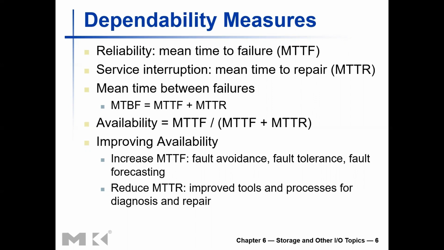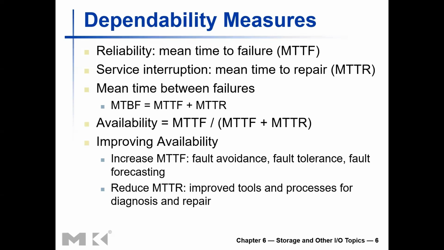Tolerance means you have to find a mechanism to withstand the fault. And avoidance, before the fault arises, how can you avoid it? So these are the mechanisms we can use to increase the MTTF.